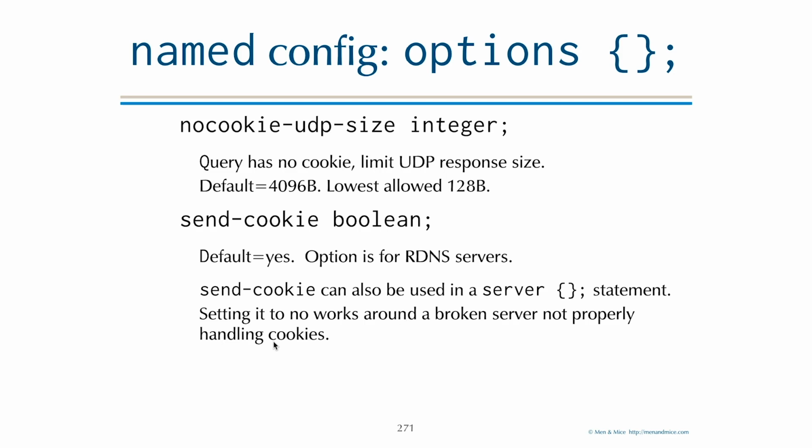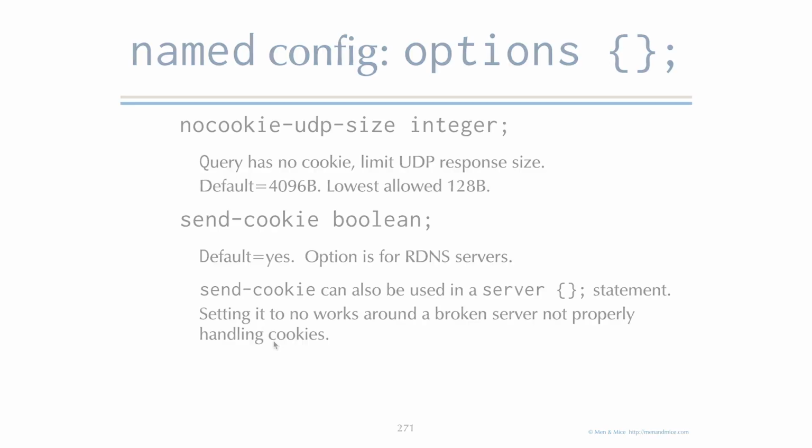So if you're sending to a specific authoritative server that is simply not responding to cookies, normally this is because it is sitting behind a very unhealthily designed firewall that thinks it's doing smart things by looking deeply into the DNS header and saying, oh, there's an option I don't know, this is an attack. In that case, you can turn off sending cookies, but you don't want to do that unless you're having a specific problem.